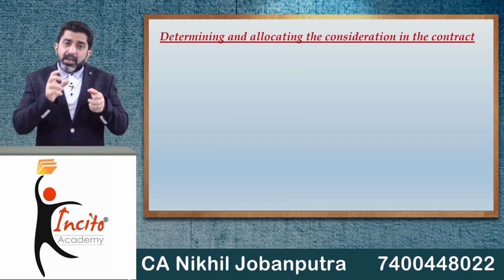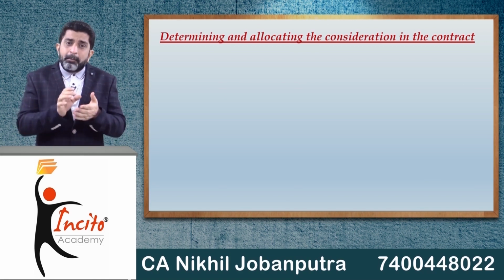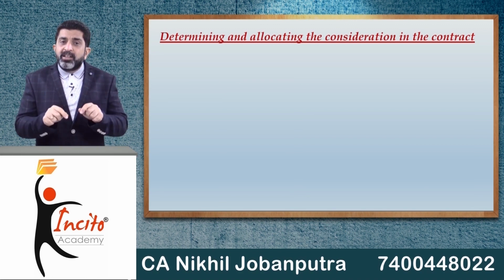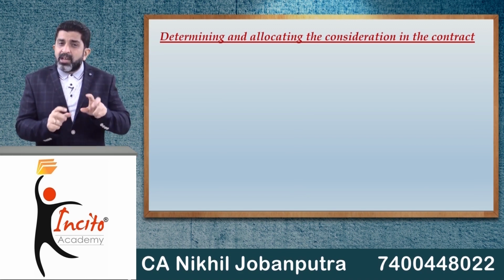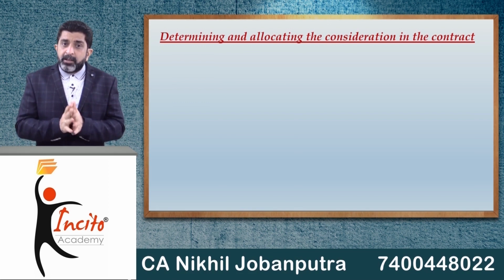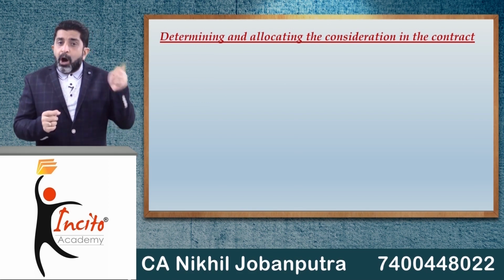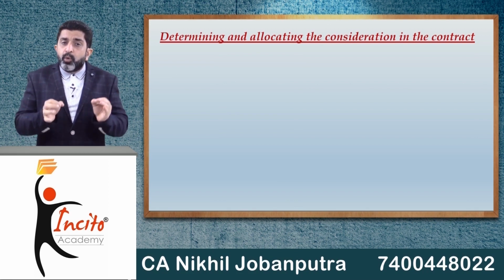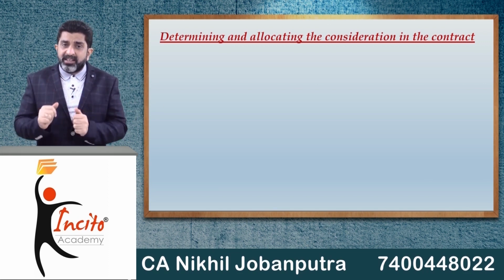You should not be wrongly driven by the amounts that you are paying individually, because the prices that you are paying could be manipulated. Therefore, don't look into how much you are paying under the contract. Instead, look into the relative standalone prices for each of these components, that is, the lease component and the non-lease component.